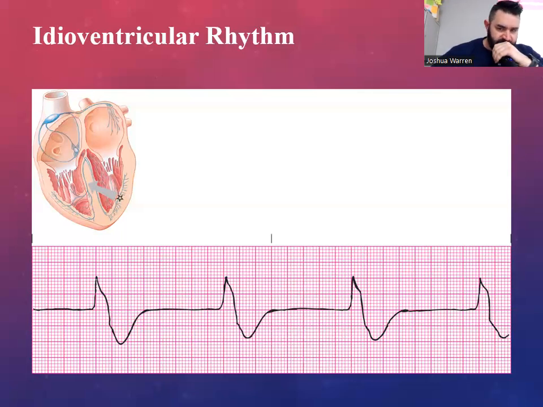So in the absence of all higher pacemakers, the ventricles themselves will try to initiate an impulse at their inherent intrinsic rate as a way to try to prevent a cardiac standstill. What's that rate? 20 to 40 for idioventricular escape or ventricular escape.